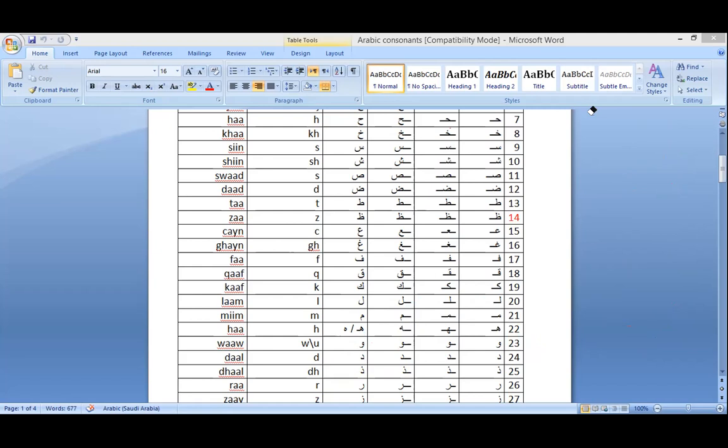Even Q, not all the time is pronounced like Ka. Yes, sometimes it gives you a different sound. Okay, thanks.